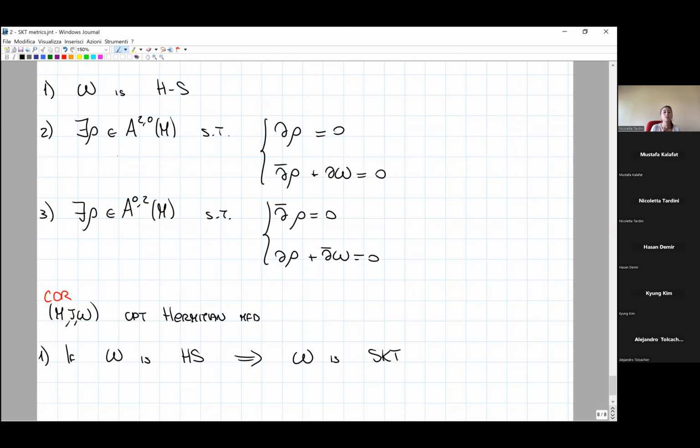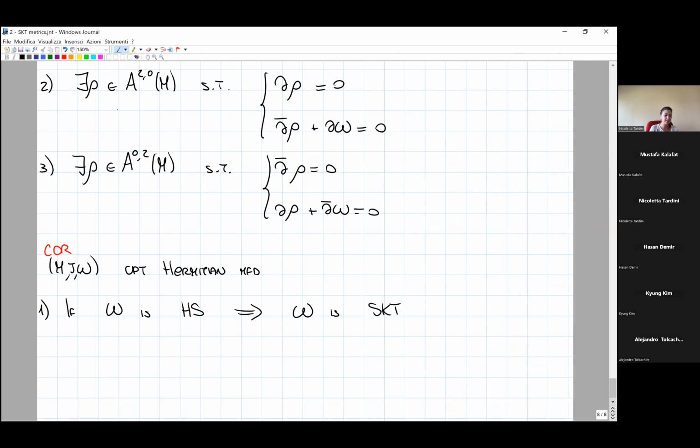So being Hermitian symplectic is a stronger condition. And Hermitian symplectic structures, we said, are born naturally from considering an Einstein-like condition for the pluriclosed flow. The vice versa, in general, is not true. We can have SKT metrics that are not Hermitian symplectic. We can have SKT metrics on manifolds with no symplectic structures at all.